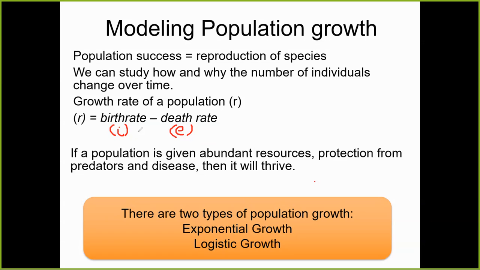If this number is positive, what that means is you have positive growth. In other words, the population is getting bigger. If this number is negative, what you have is a population that is shrinking. And there's problems with both. We prefer, as scientists, to see an r of 0.